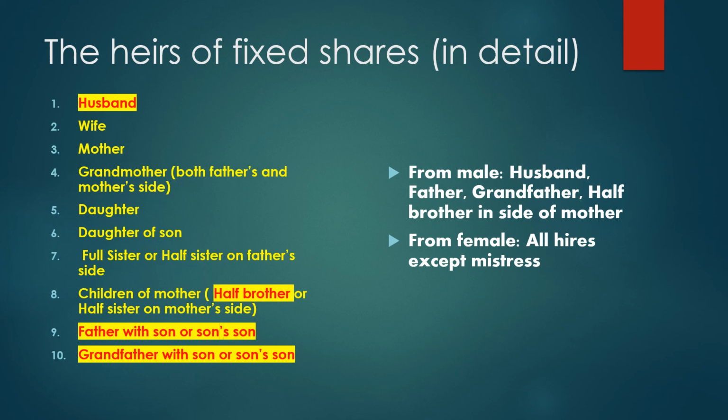I have marked here to draw your attention to the males in this group. Again the summary: from male, husband, father, grandfather, half brother on mother's side come in the heirs of the fixed share. And from female, all heirs except the mistress come in the list of heirs of fixed shares.